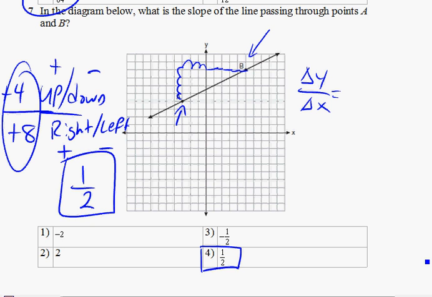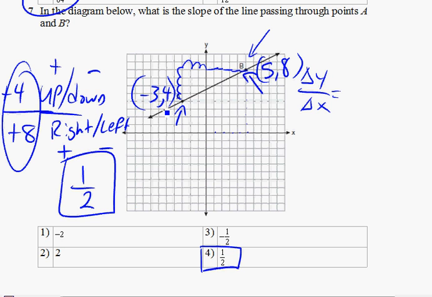Another way to solve this question is to take the coordinates of the points. The coordinate of B is 5, 8. This one over here is negative 3, 4.